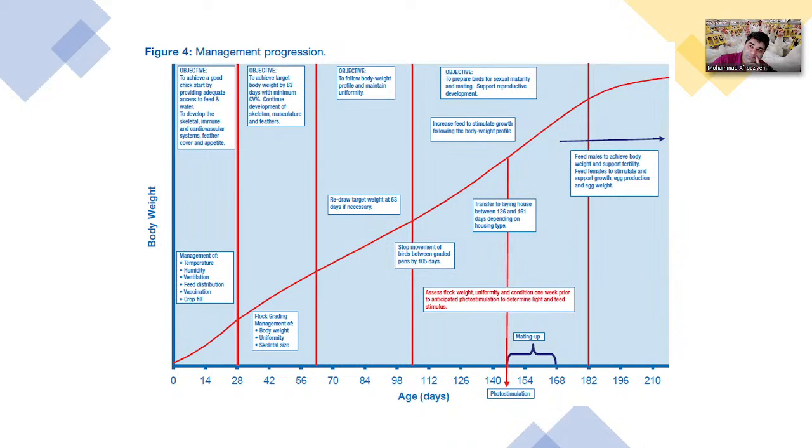I just remembered this. Sometimes we are just talking about managing body weight. For example, we are saying, okay, what's your body weight at 15 weeks of age or 18 weeks of age? So listen, you can have two birds with identical body weight, for example, both of them 1500 grams, but one of them is tall and slender, the other one short and fat.